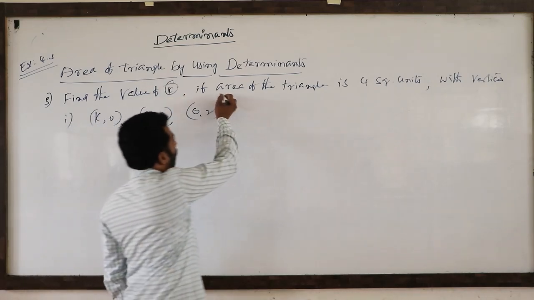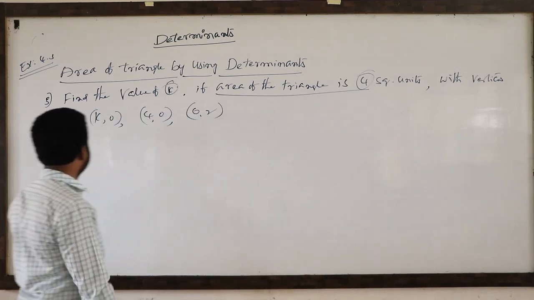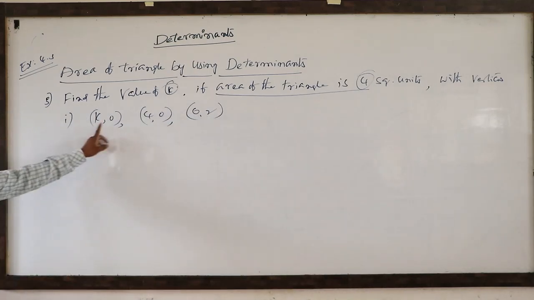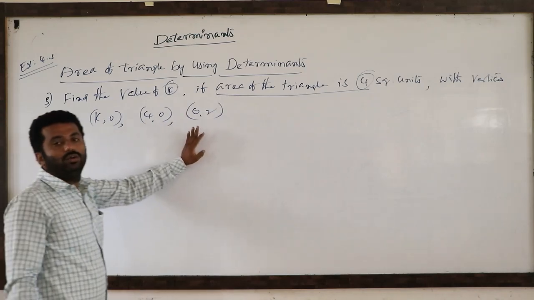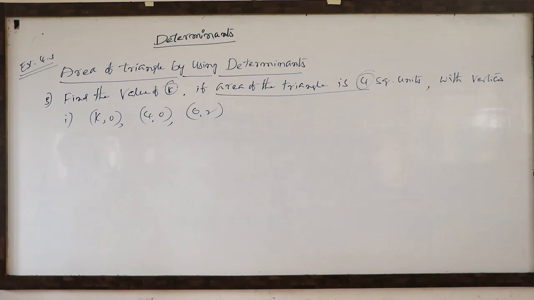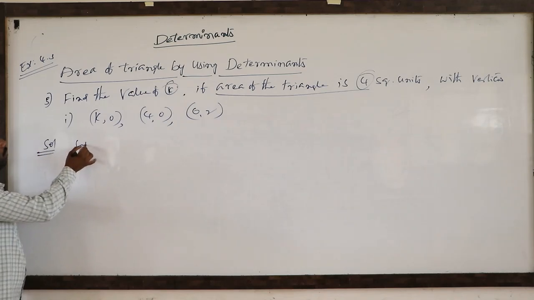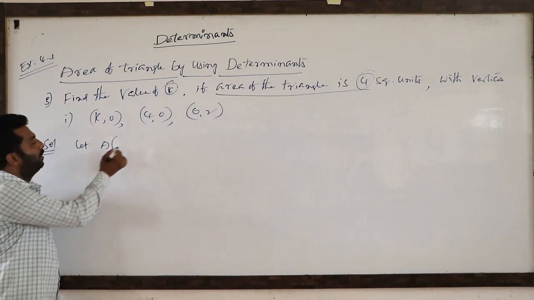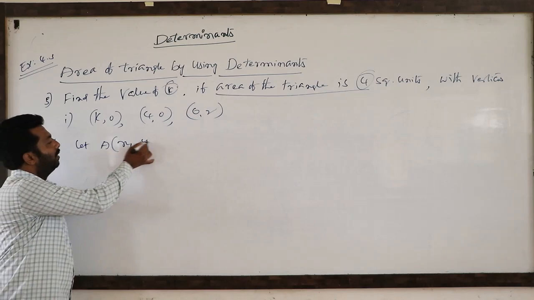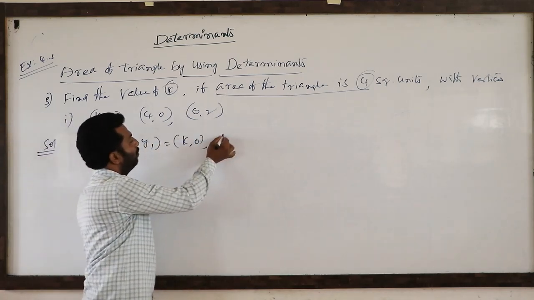The area of the triangle is 4 square units with the vertices k comma 0, 4 comma 0, 0 comma 2. In this case, what is the k value? We have to calculate. So in this question, we assume like this: A, x1 comma y1 equals k comma 0.